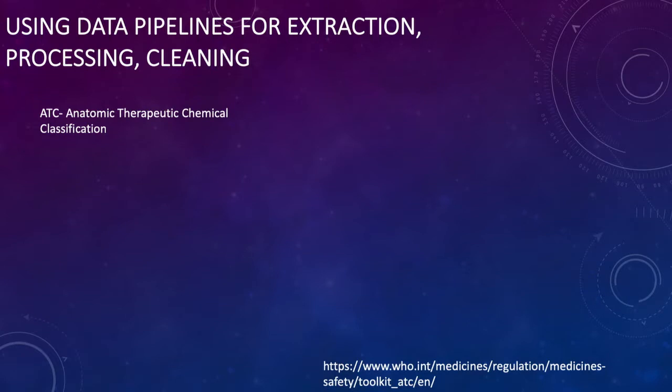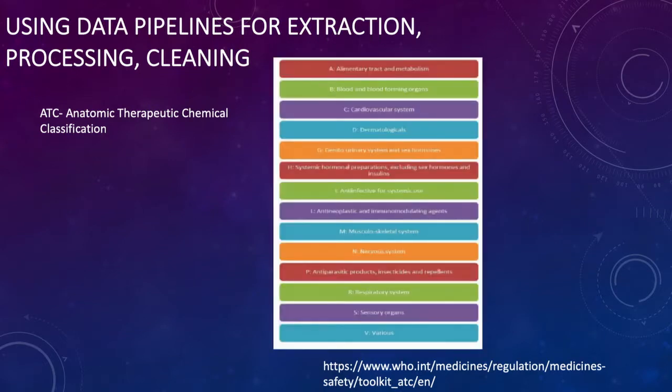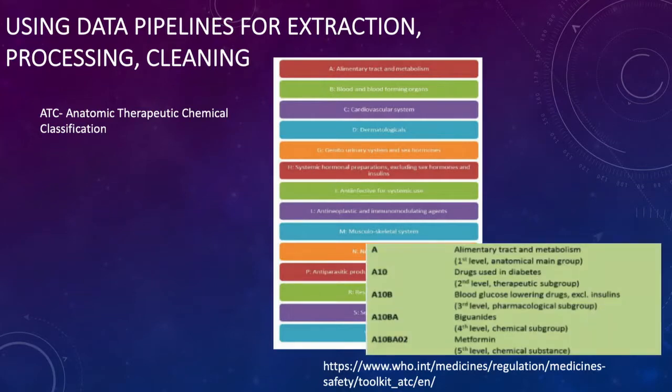And so there's something called the ATC, Anatomic, Therapeutical, and Chemical Classification, that was put out by the WHO. It's got 14 initial domains, and then there are these 5 subdomains that describe the organ system, the therapeutic intent, and then the drug's chemical characteristics.